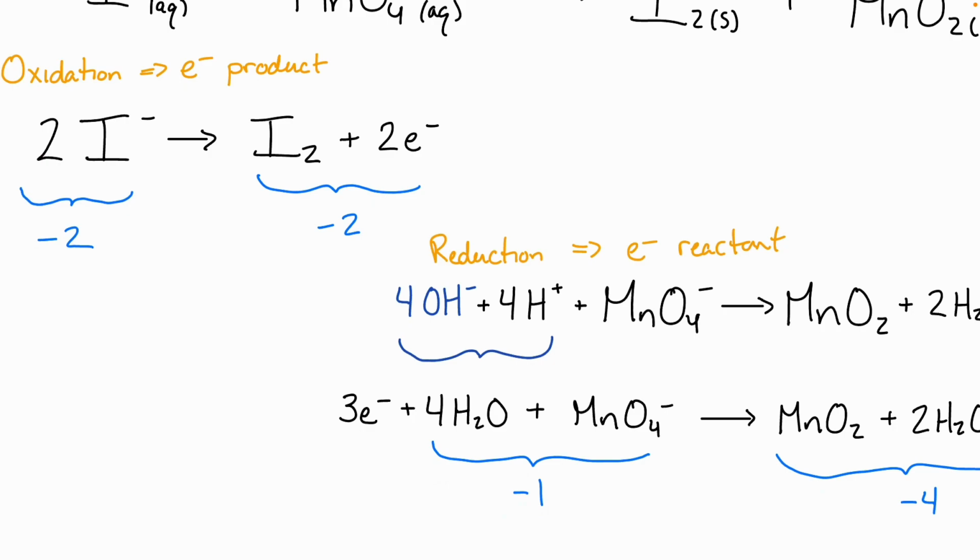So you know you've charge balanced. One way you can tell that you've charge balanced correctly is if you've added electrons to the product side of one and the reactant side of the other. If you're adding it to the reactant side of both of them, something went wrong somewhere, right? It's always going to be on the product side of one, your oxidation half reaction, and the reactant side of the other half reaction, your reduction reaction.